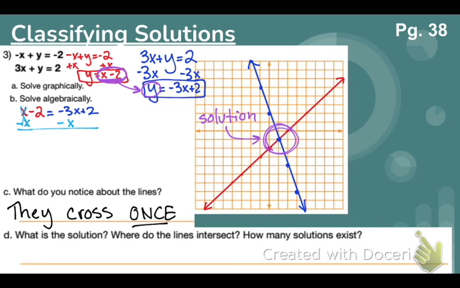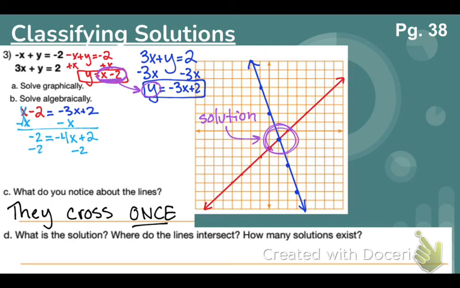So if I subtract an x from both sides, I'll end up with negative 2 equals, what's negative 3x minus x? Negative 4x, and I'll bring that plus 2 down. What else do I have to do to get my x alone?